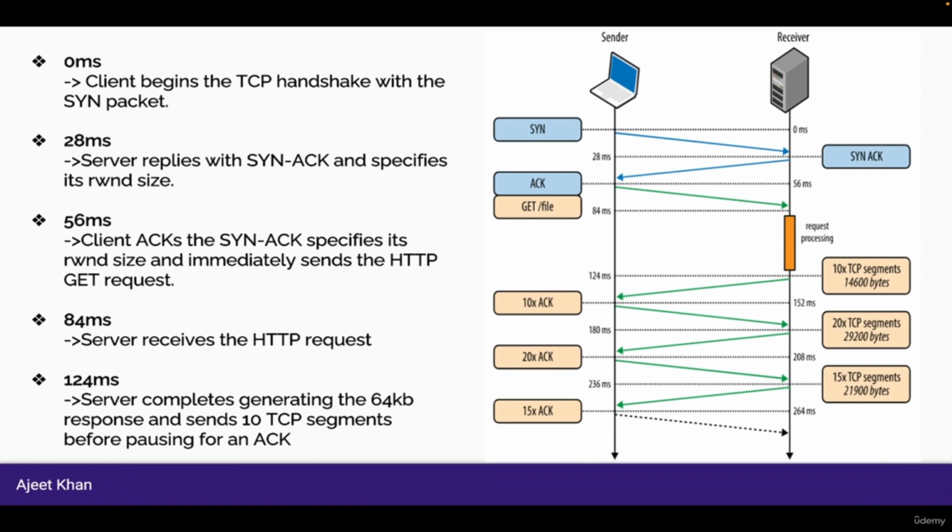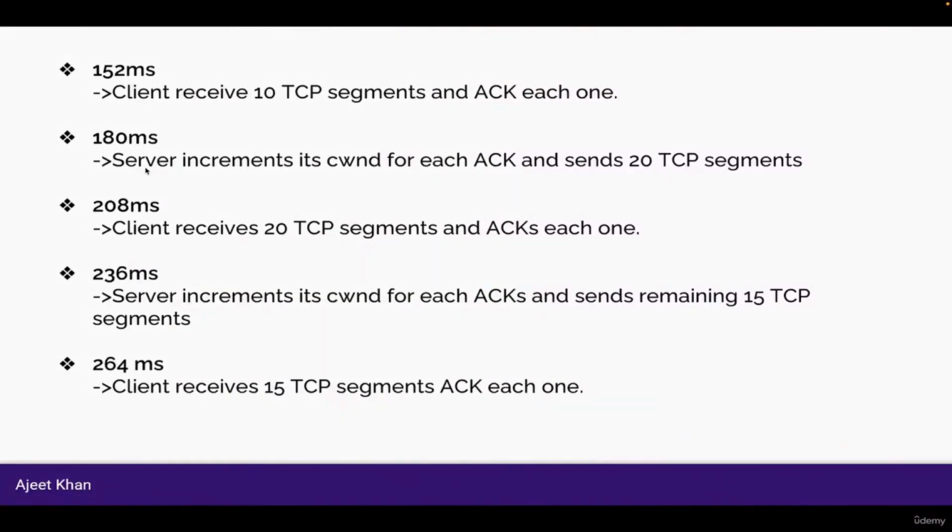At 152 milliseconds, the client receives the 10 TCP segments and acknowledges each one of them. At 180 milliseconds, the server increments its CWND size for each acknowledgement and sends 20 TCP segments.